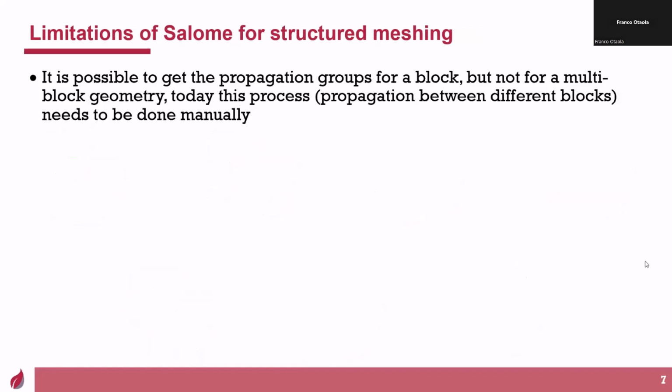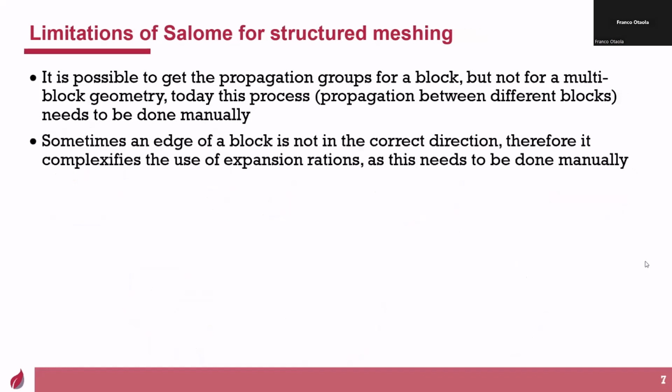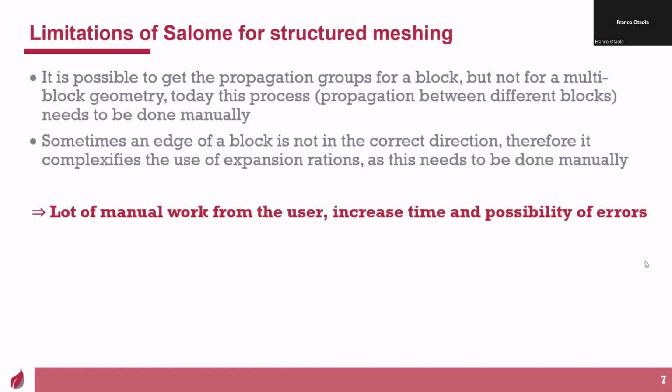And we are not necessarily able to have the correct direction for every edge inside the block. So this is a lot of manual work from the user, and sometimes I found myself forgetting to do something in the geometry, so I needed to go back.